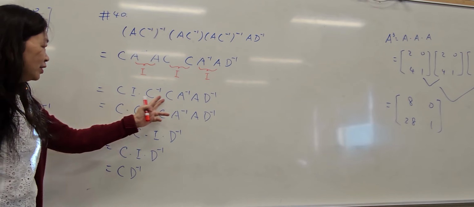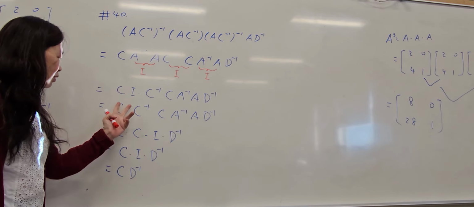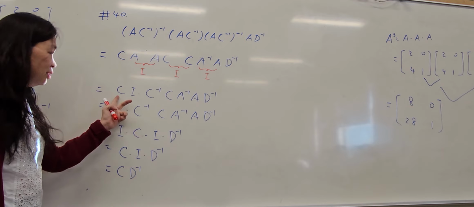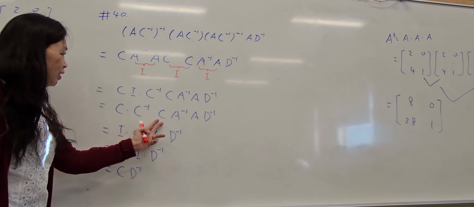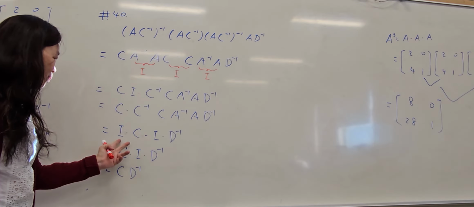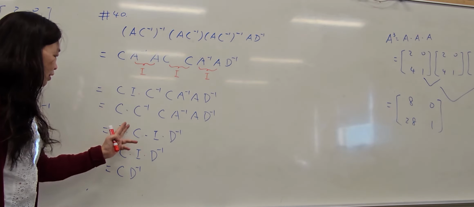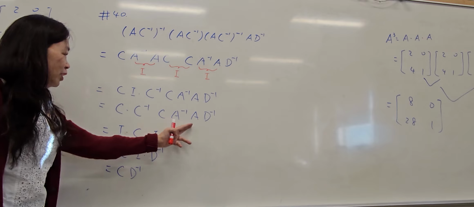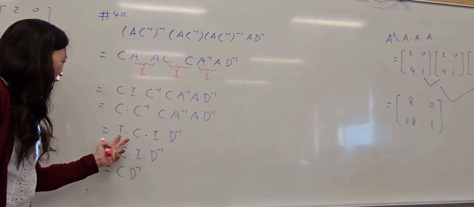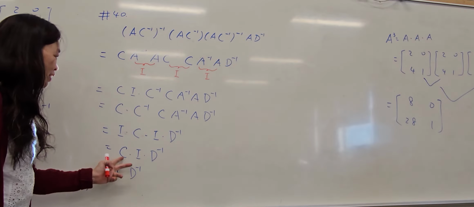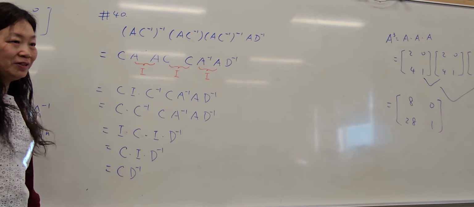And then after that, make this C, C times I equals C, right? And then keep the rest of it. And then this becomes I. Actually I should have even made it I, but it's okay. This I times C will become C, and then you can make it I actually.